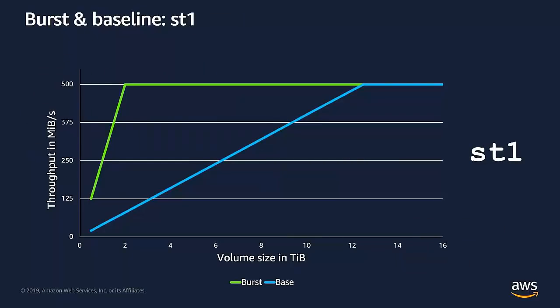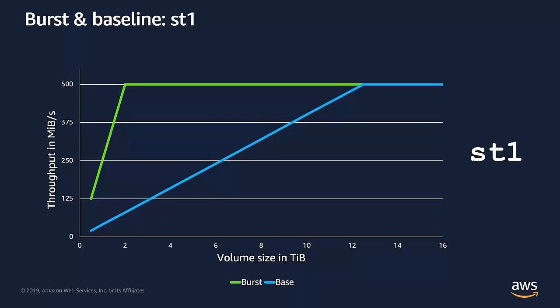Here's a quick look at the burst and baseline throughput model for the ST1 volume type. Since ST1 volumes burst at a rate of 250 megabytes per second per terabyte, at a 2 terabyte volume size, you're already bursting at the maximum rate. As the volume size grows, the burst rate doesn't increase.